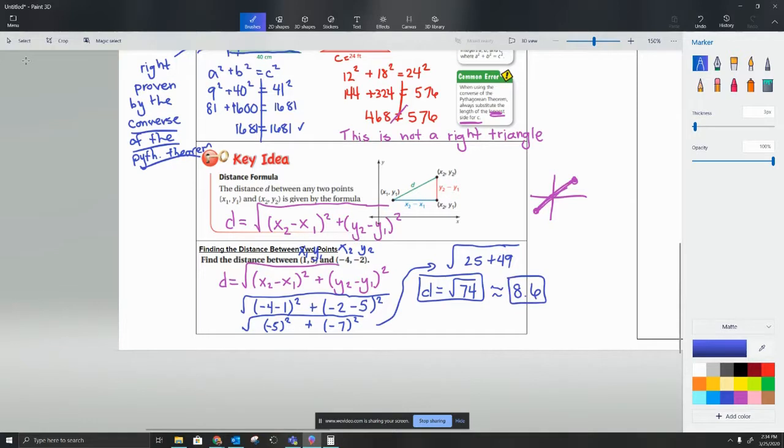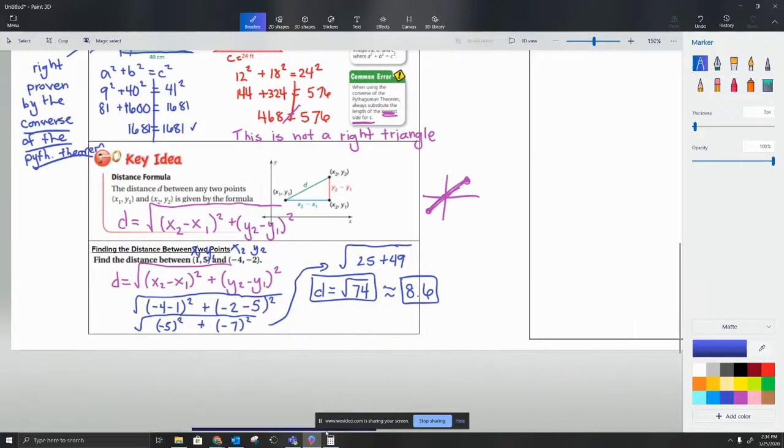Either one of these answers is okay, unless they ask you specifically to answer in a certain way. So that's the distance formula right there. Now, if this was a perfect square, like let's say the square root of 81, then I would just say my distance is 9. And that's how far apart those 2 points are diagonally, or how long that line is.